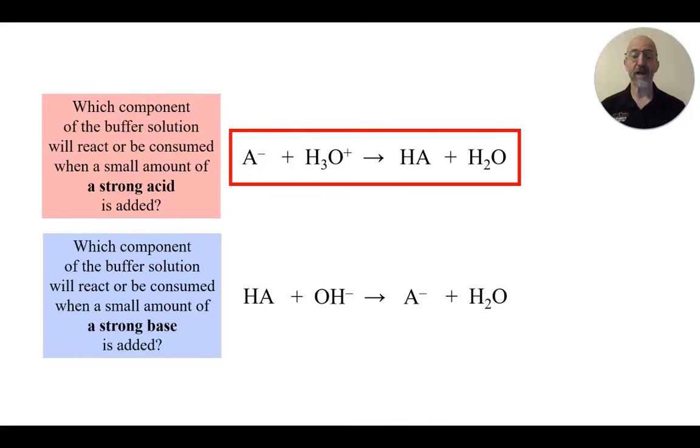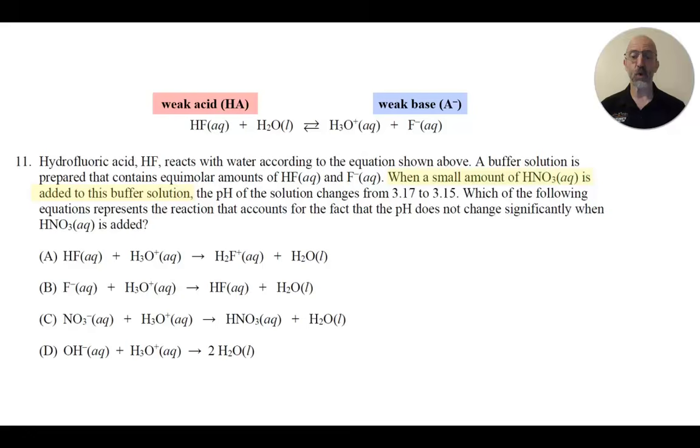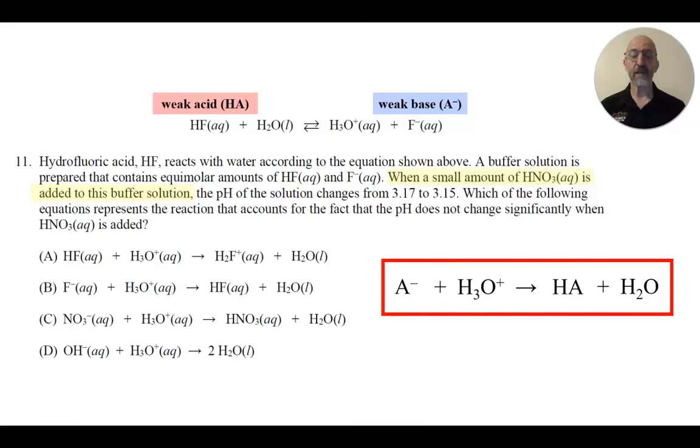So I'm going to go ahead and write this equation, and let's line this up among the four choices in question 11. So A- plus the hydronium ion to produce HA in water. That's very similar to choice B. So when a small amount of a strong acid was added to this buffer, it was the F- ion that reacts with the hydronium ion to produce HF in water.